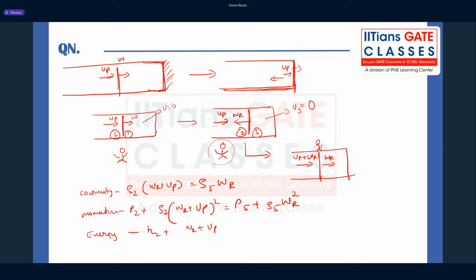This is the same thing that we have done, but the important concept is that there will be a reflected shock wave that will cancel out the induced velocity near the boundary and make my U5 to be 0.